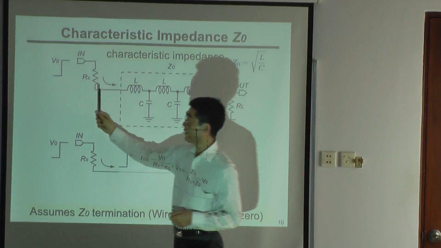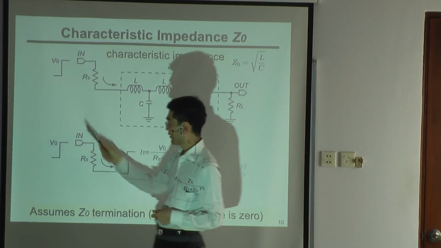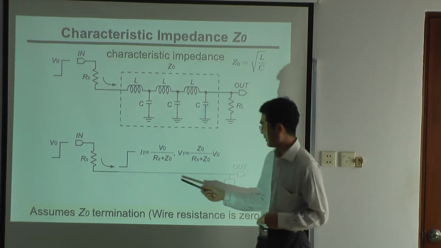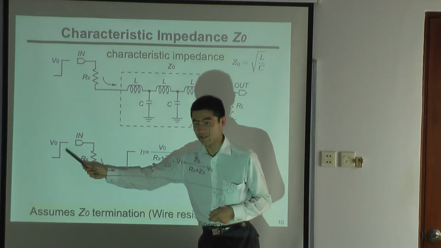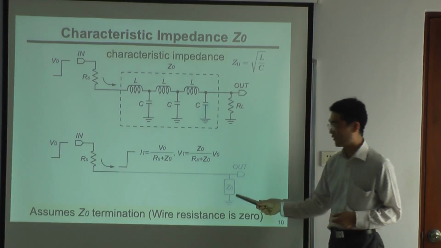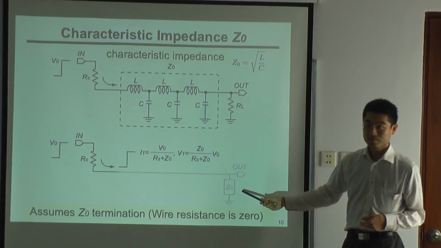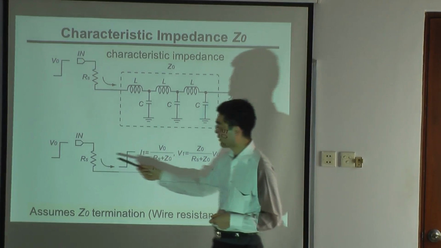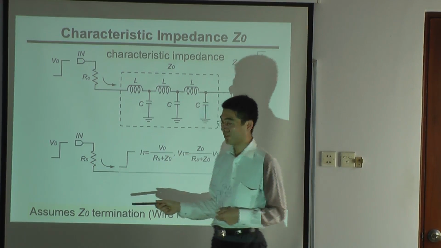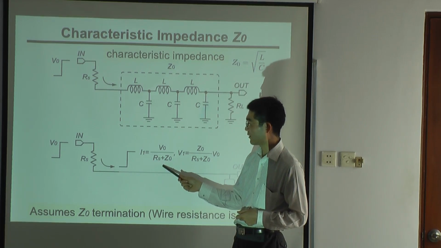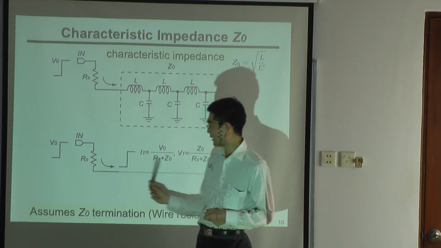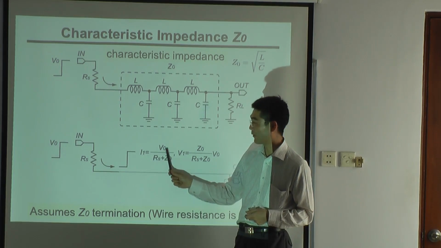And this voltage assumes there is a Z0 termination. So when it first comes in, the first current is expressed as V0 over RS plus Z0.